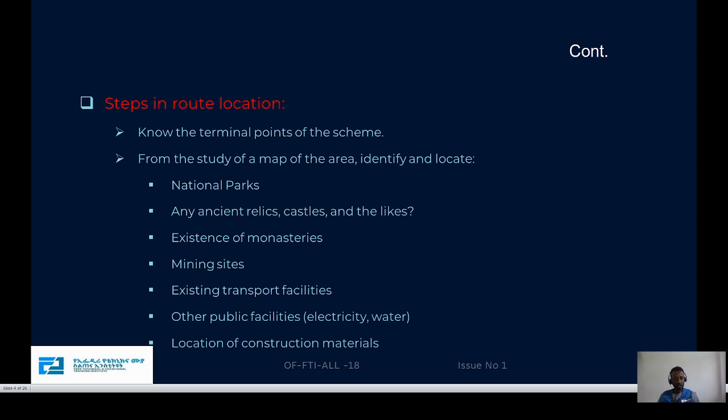Steps in route selection: know the origin and destination.